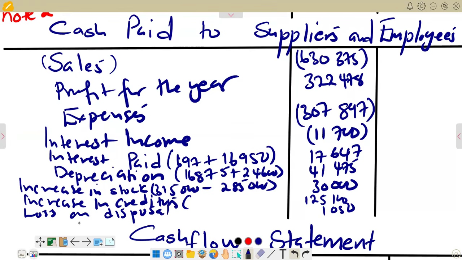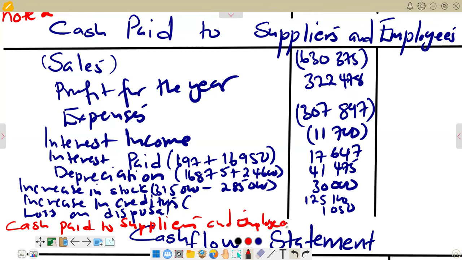So having done this, the answer that we are going to get is now cash paid to suppliers and employees. So here we are now saying cash paid to suppliers and employees. And this figure is going to come in this column.